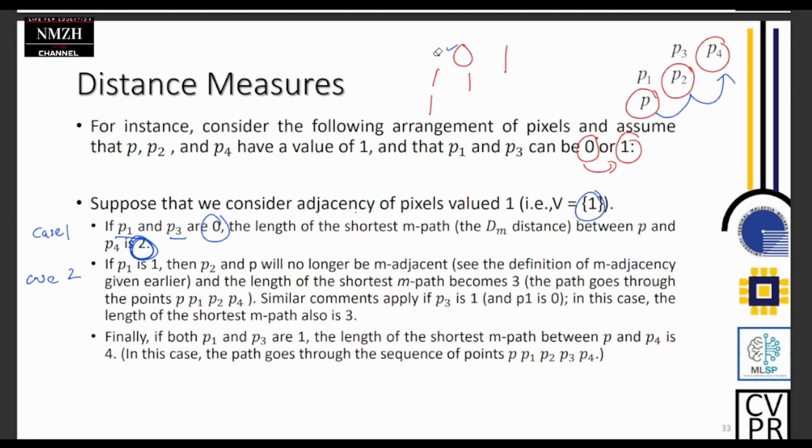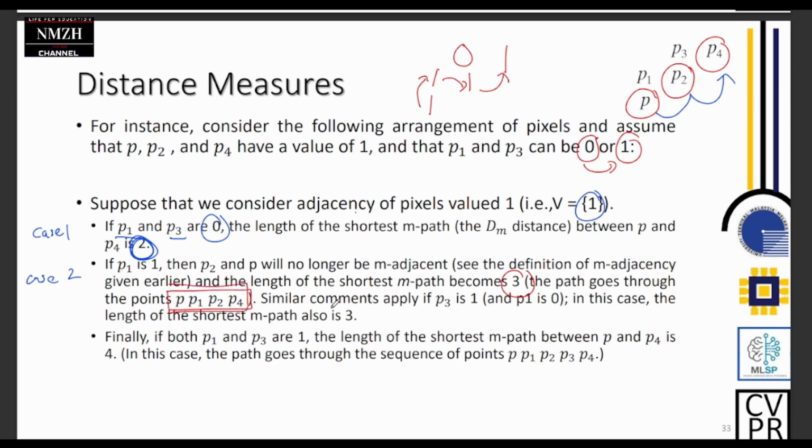Okay, P1, then P2 and P0. P2 and P0 are no longer m-adjacent, and the length of the shortest m-path becomes 3. Why? Because P will be going here, going here, and going here. That would be the shortest path, so it is 3 with this arrangement.